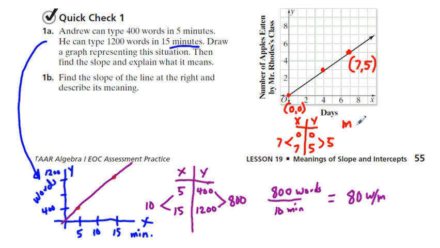So m equals 5 over 7, and it's going to be apples eaten per day, right? So it'll be apples per day eaten.